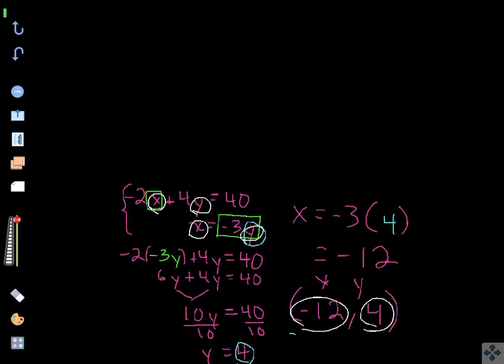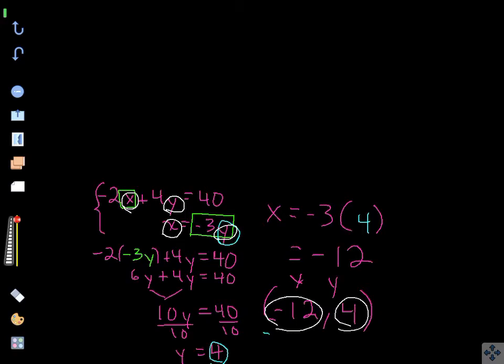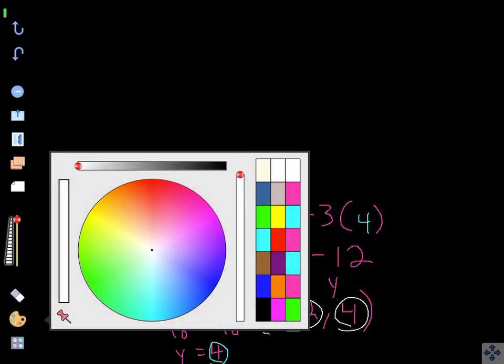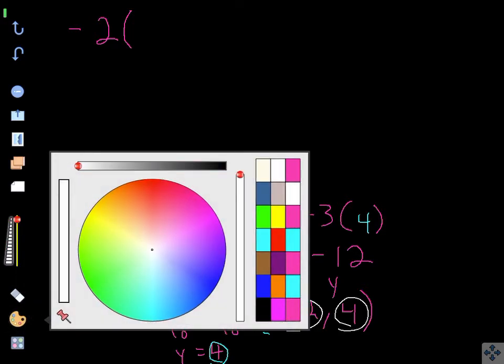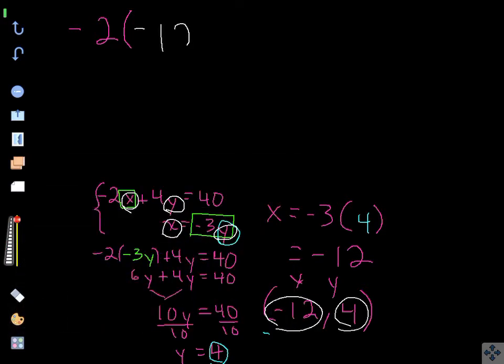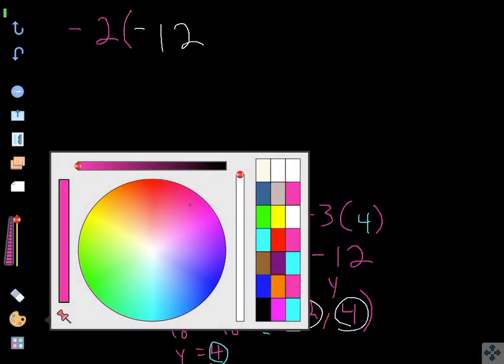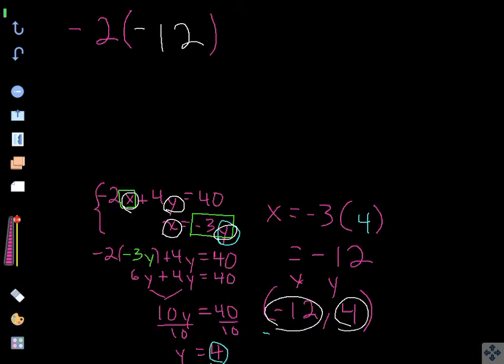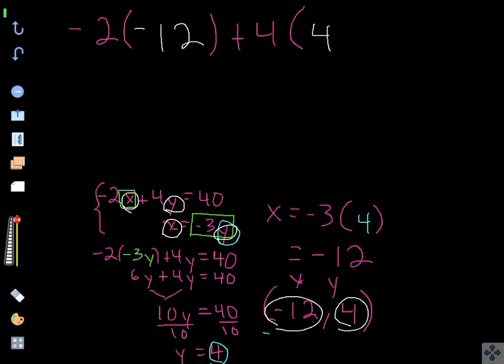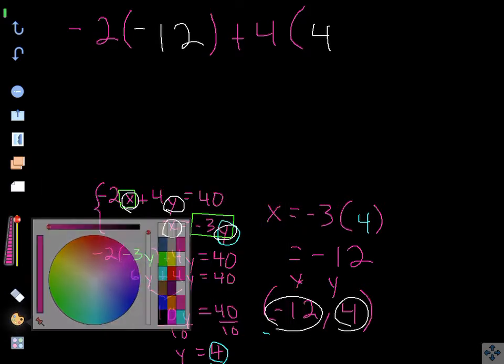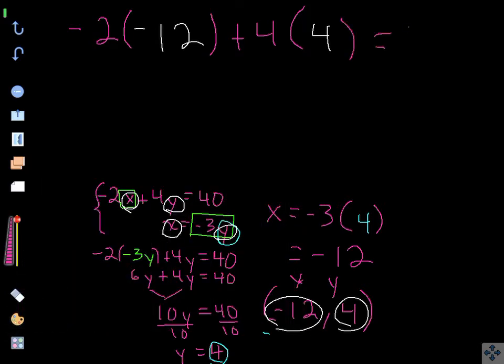So kind of running out of room, so I'm going to do my check above that. So the top equation would be negative 2 times negative 12 plus 4 times our y value, which was 4, equals 40.